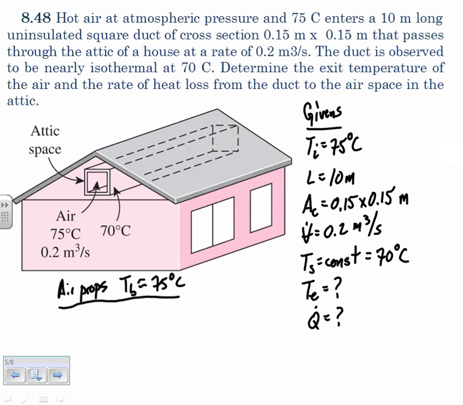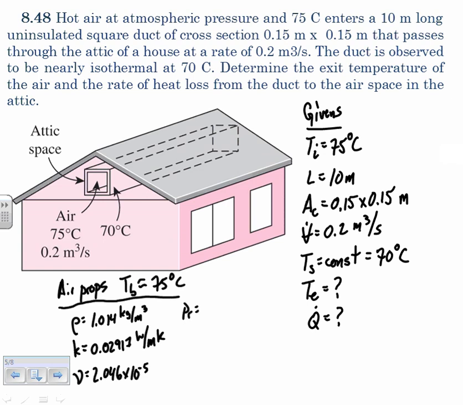So if I go now to air properties at 75 degrees C, I know the density is 1.014 kilograms per meter cubed. The thermal conductivity, 0.02917 watts per meter Kelvin. The kinematic viscosity, nu, 2.046 times 10 to the minus 5.